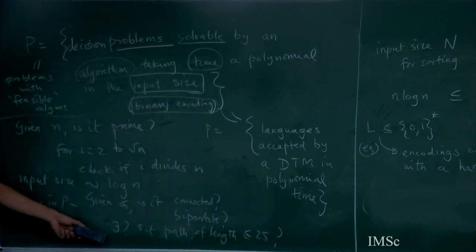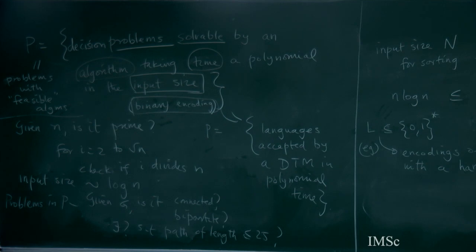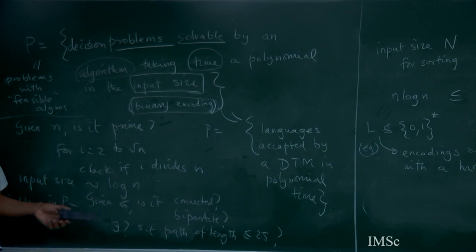Why is this polynomial time solvable? How would you solve it? Apply Dijkstra's, exactly. Given this graph, apply Dijkstra's from S, you know the shortest path from S to every other vertex. So, in particular you know the shortest path from S to T, and you can see whether it is less than 25 or not, right.